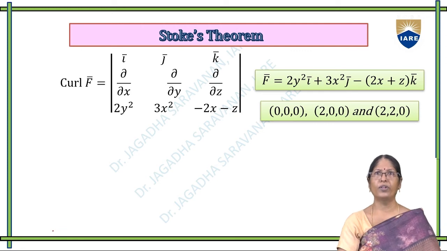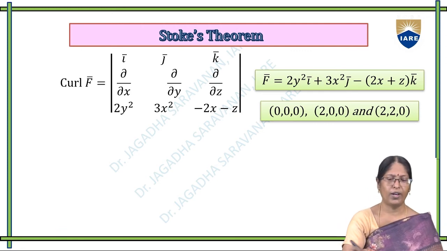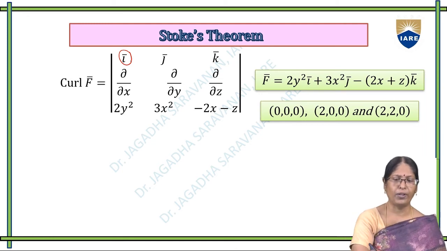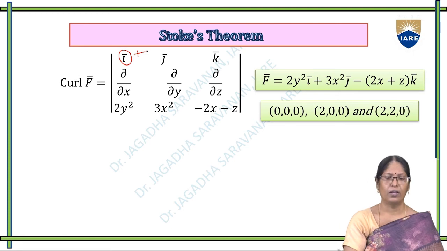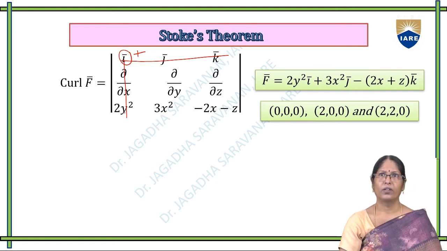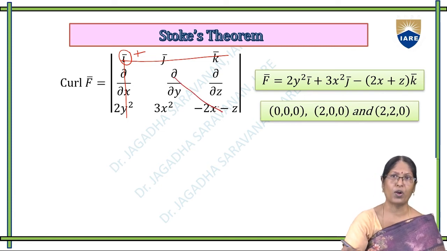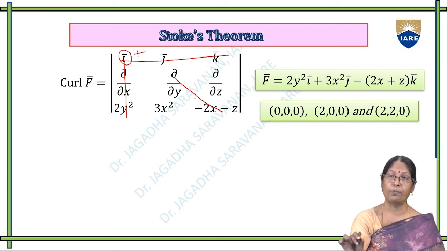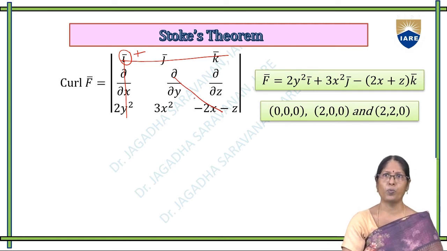So when we are focusing on the determinant, first this position is i. This particular place is positive, that is plus. So we will neglect this row and this column. For the remaining ones, we have to do the cross multiplication, and a minus related to the formula.